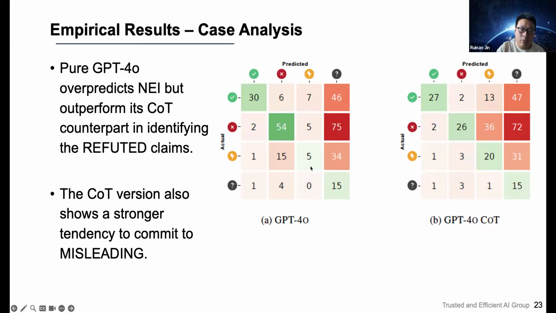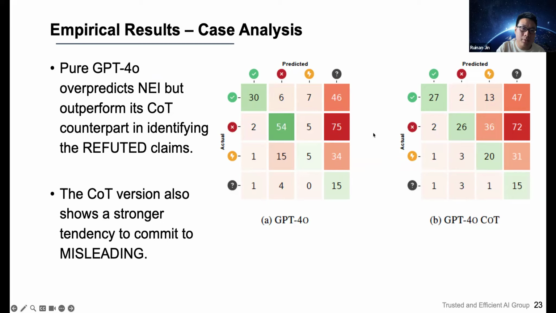Here the green cells represent the correct cases, and the red cells are those predicted wrongly. So pure GPT-4o overpredicts NEI. As we can see, most of the cells here are red, but it still outperforms the CoT counterpart, which means the CoT counterpart is also very bad.